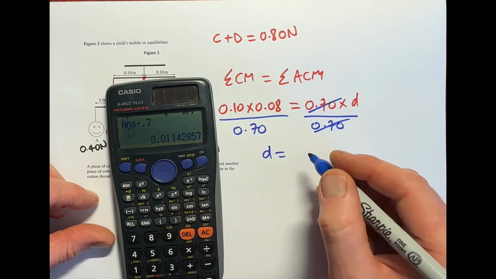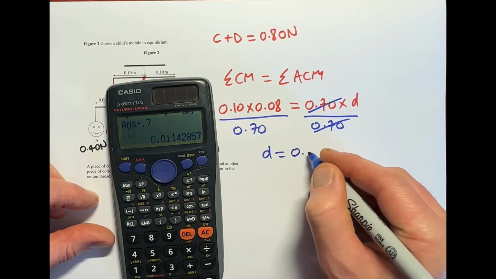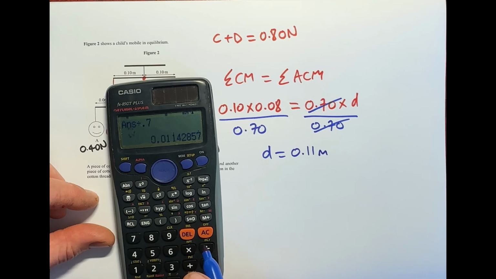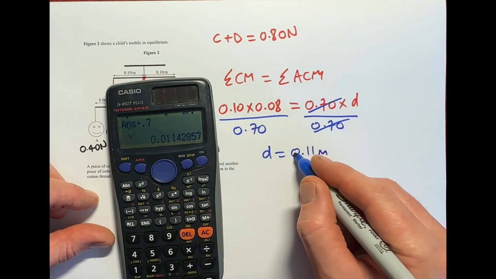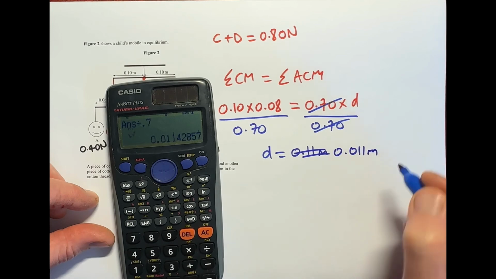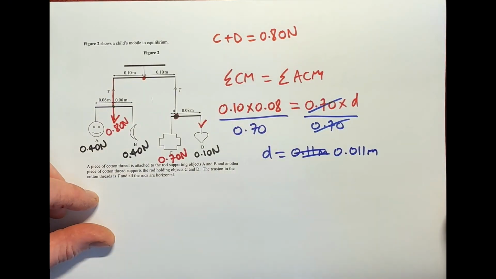That's going to give you 0.11. So 0.11 meters is your distance. Sorry, that's completely wrong. 0.011 meters is your distance.